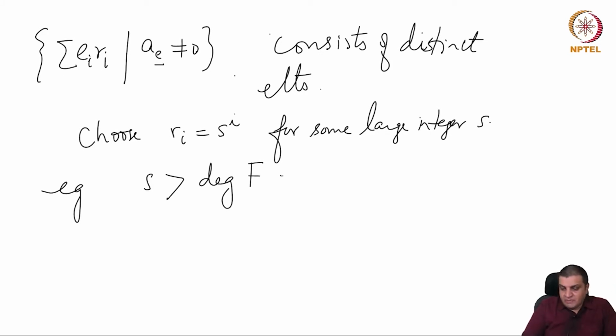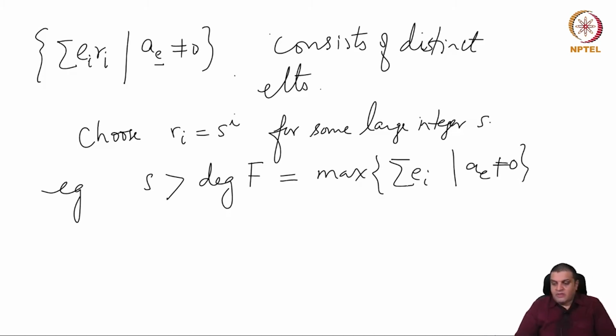Remember, the degree of f is the maximum of the sum of e_i such that a_E is non-zero. So these are the actual terms appearing in it, and the degree is the largest term that we would get.